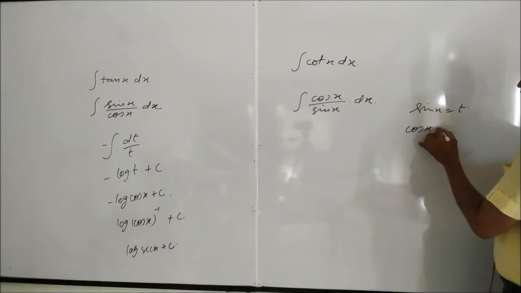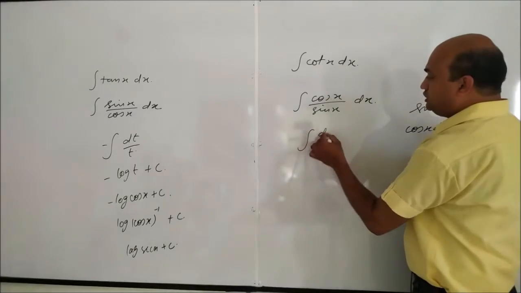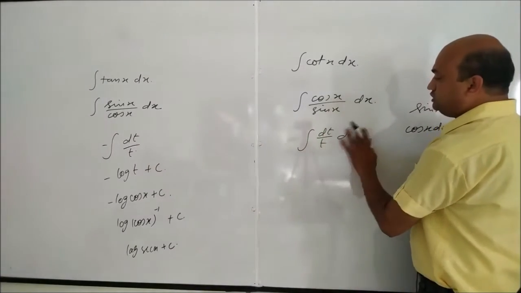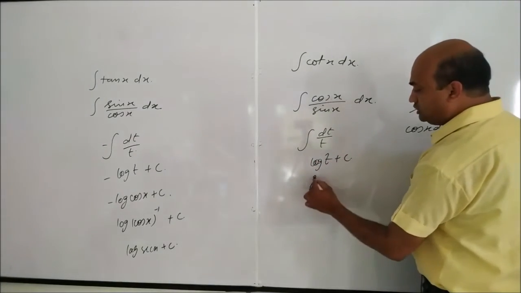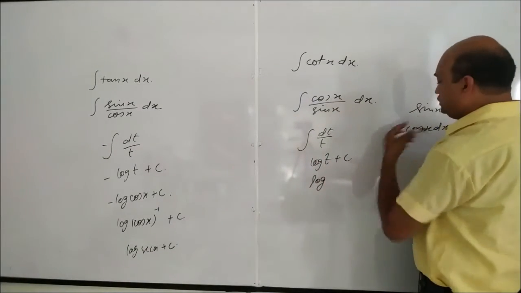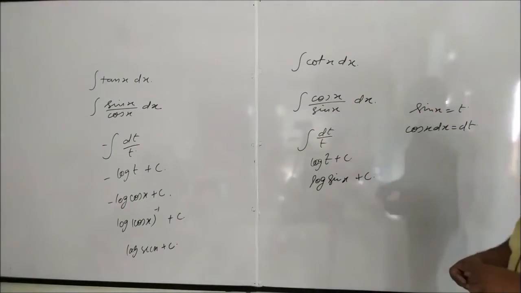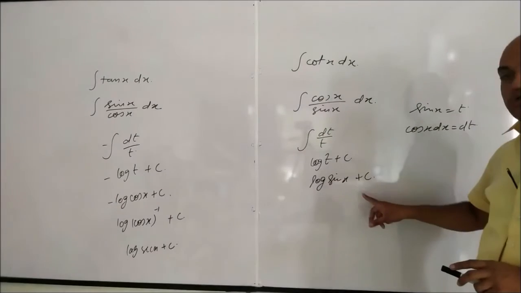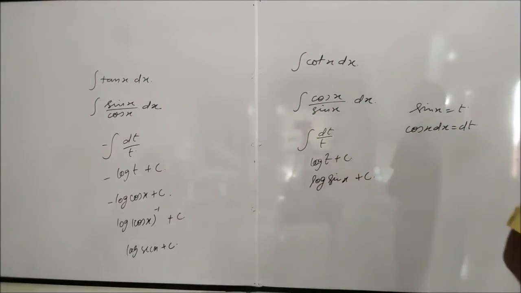So we will get cos x dx is dt. So it is integration dt by t. That will be log t plus c. That is log sin x plus c. So integration of cot x is log sin x and integration of tan x is log sec x.